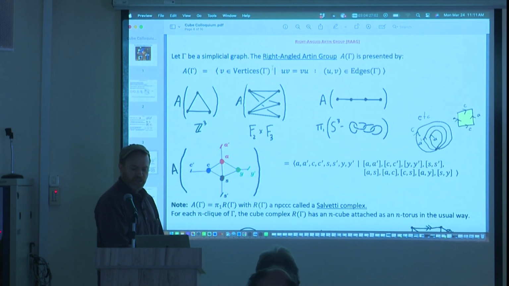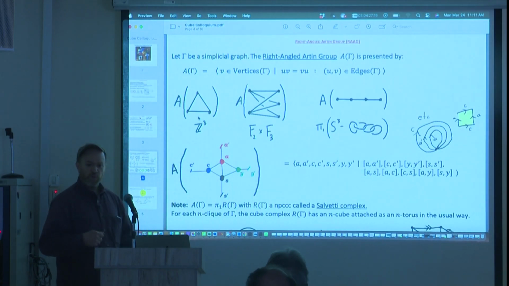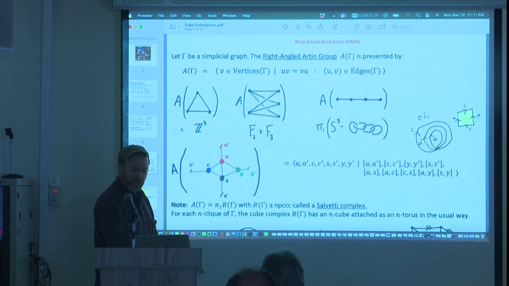So this is the presentation. You have to stop and sort of decode the meaning, right? If you take this graph over here, the first one, then we've got 3 vertices, and any 2 of them are adjacent. So 3 generators, any 2 of them commute. So you get Z times Z times Z. It's Z to the 3rd.